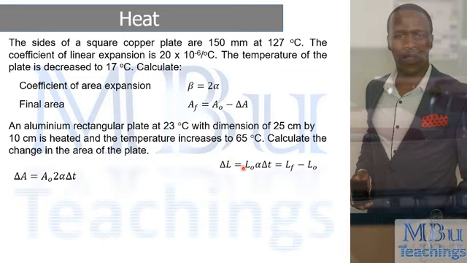So change in length is equal to original length times alpha times delta T. Now for area, the change in area is equal to original area times 2 alpha times delta T. Or simply put, you can say final length minus original length, and for area, final area minus original area, which is this one. So this is the formula we are basing this information from.